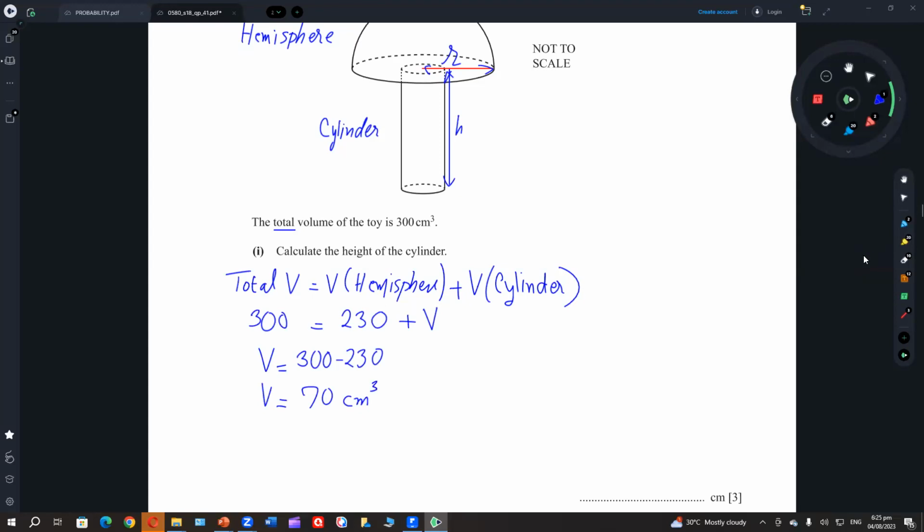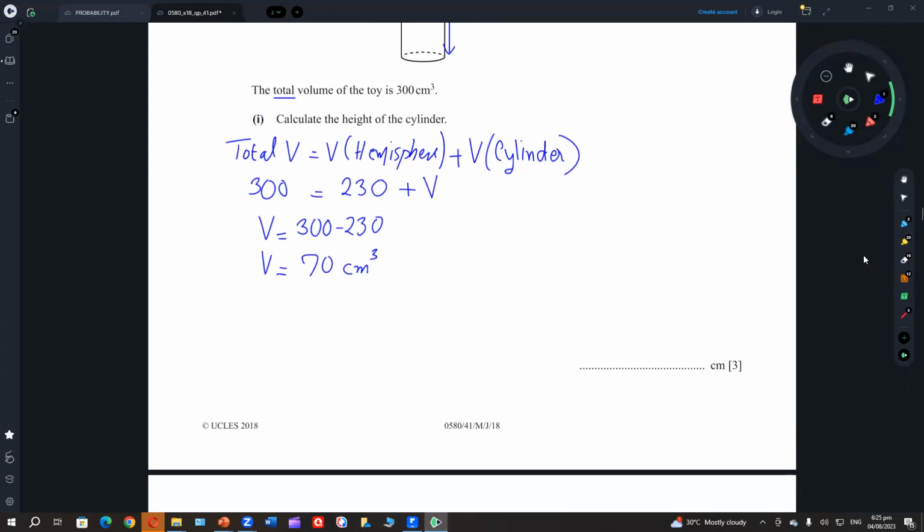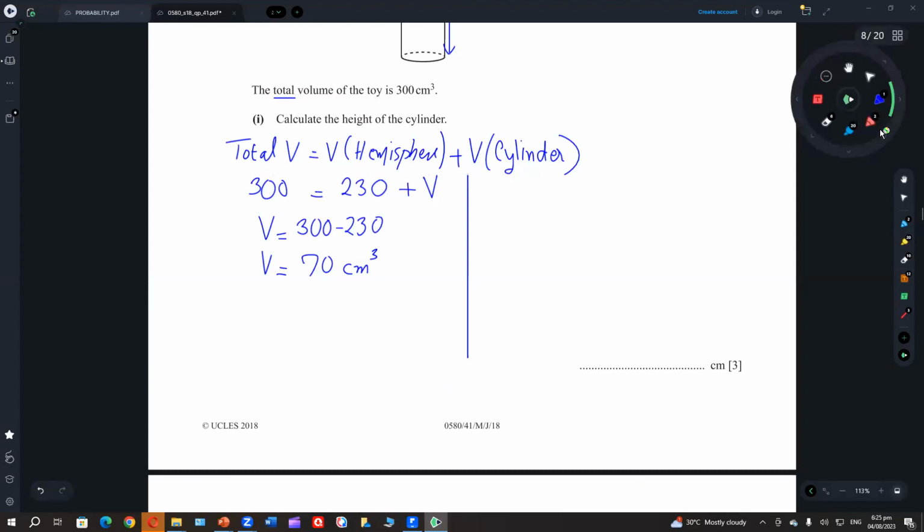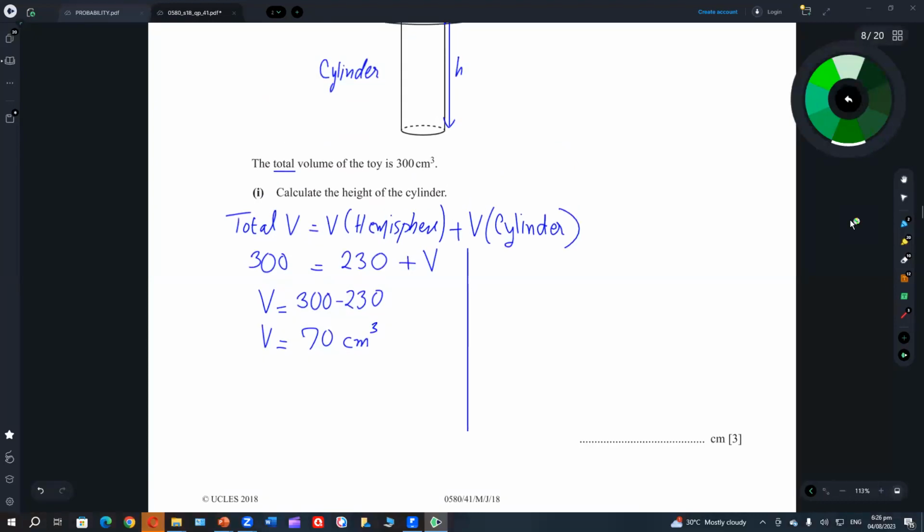First, copy this volume. Sir, I copied it. What is the formula for volume of a cylinder?